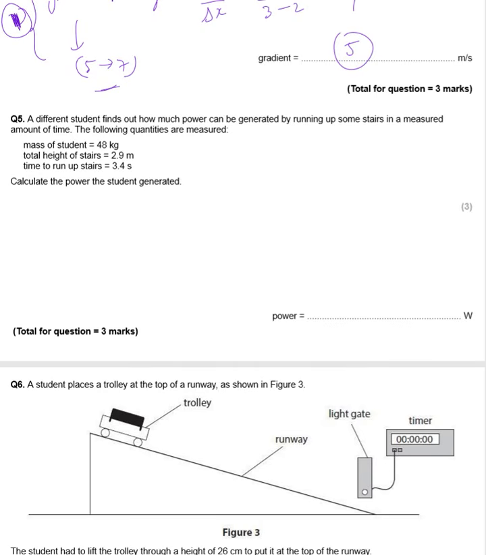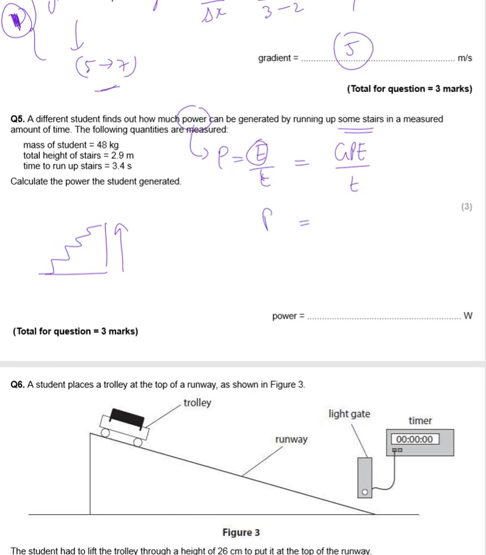This is a very good question. Students find the power. Now, power is energy over time. The guy is going up the stairs, so the energy is going to be GPE.